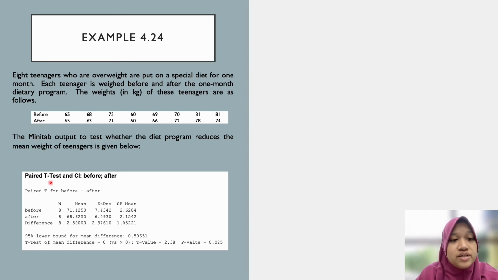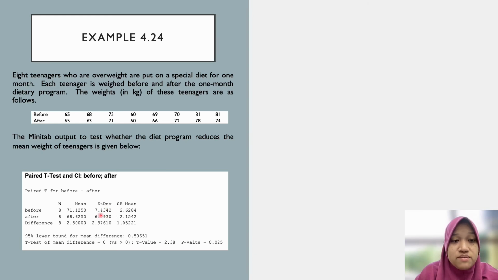Okay, so you can look here at the Minitab output. We have the paired t test, and also the confidence interval. Before that, the descriptive values for group before: n equals 8, mean equals 71.1250, standard deviation equals 7.4342, and the standard error mean. The standard error mean here was calculated by dividing the standard deviation value by the square root of n.